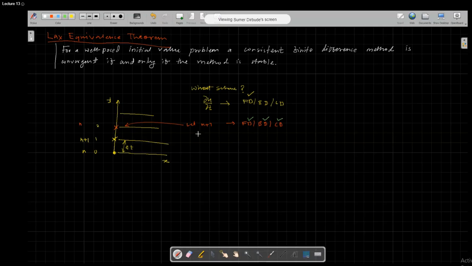All three are possible because when I say this n plus 1, this is a known value. So I can use n plus 1 minus n, or I can use the backward difference as n plus 1 minus n only, but in a backward sense.